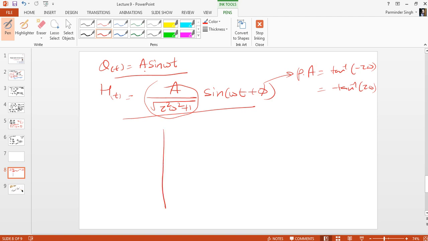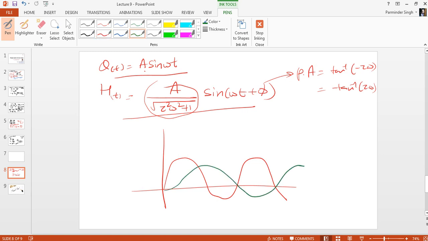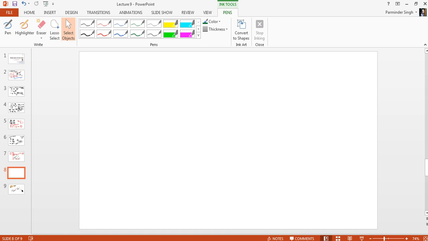Clear? So if the input is this, the liquid level will vary in this direction, and this will be your lag, that is phi. Clear? So this is what it was for your linear systems. Now let's take an example of a non-linear system.